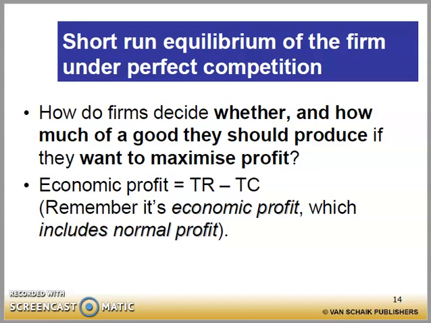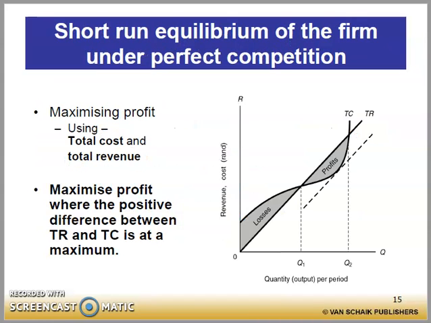Since firms are price takers, it follows that firms can only choose output at which they will maximize profit, and not price. So they can only use output to maximize their profit and not price. That quantity is where the positive difference between total revenue and total cost is at a maximum, or similarly where marginal revenue is equal to marginal cost.